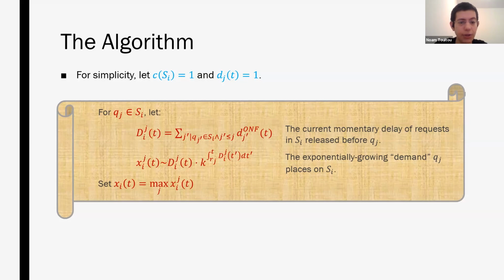Then, in order to compute the buying function of a specific set Si, the algorithm sets this buying function to be the maximum over all requests j of their demand of the set Si. So it takes a maximum over those expressions xij defined before. And this algorithm can be seen via dual fitting to be O(log k) competitive.